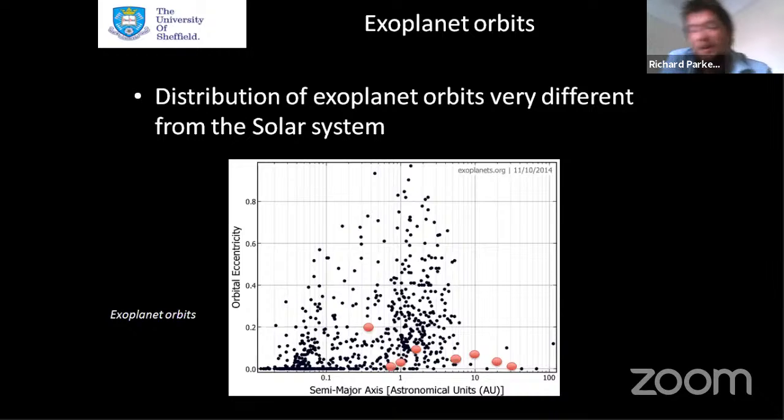And you can see that in many cases, the eccentricities of the exoplanets are quite high, anywhere between 0 and 1. And also, you've got a lot of fairly massive planets that are very close in to the host star, so-called hot Jupiter planets. And our conventional theories of planet formation find it quite difficult to explain these planetary systems.